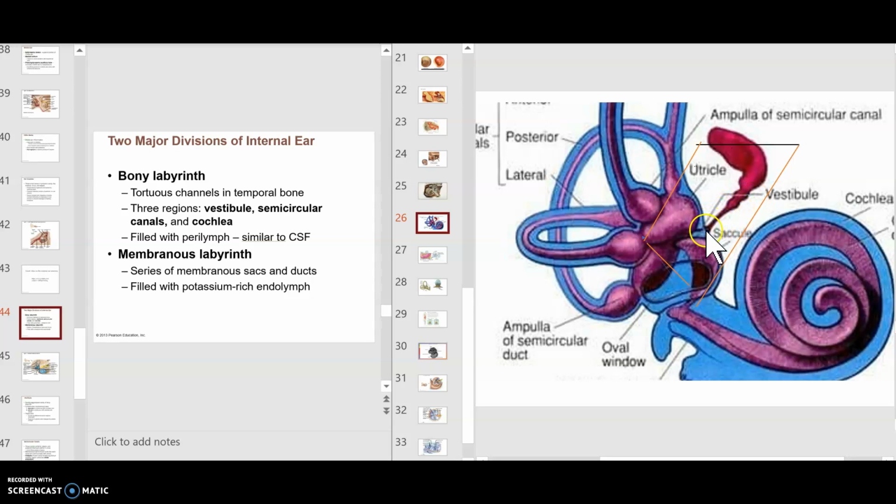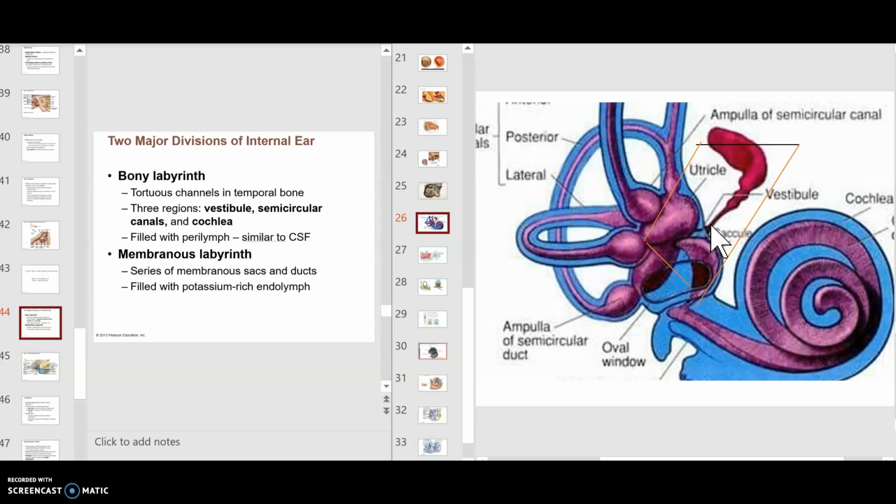So in other words, we're looking at the utricle and the saccule. The utricle communicates here with these semicircular canals, and the saccule with the cochlea, as we'll speak of. Okay, so this is that particular portion.